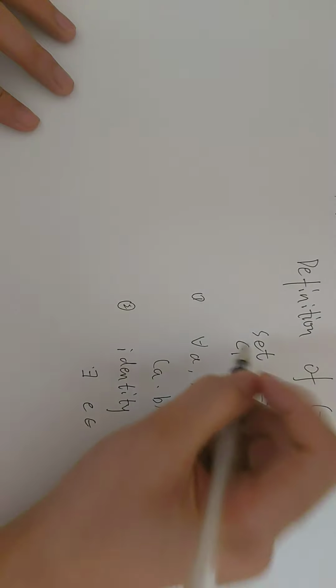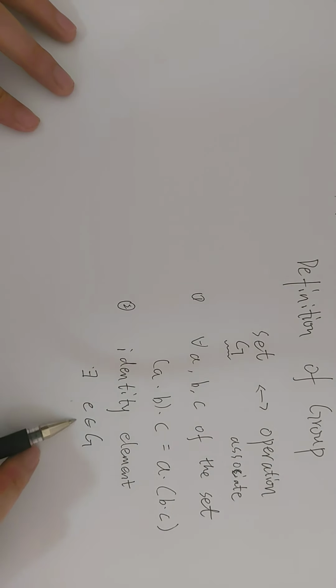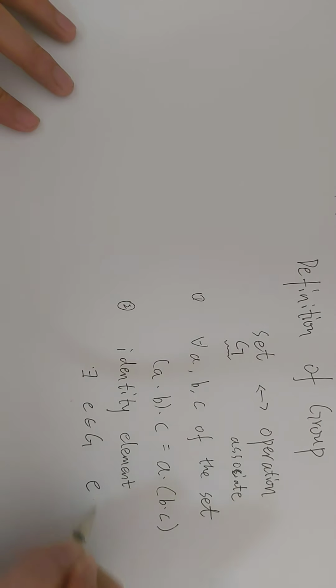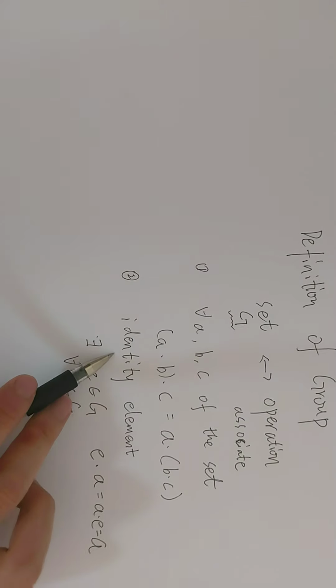We call the set G, and there exists an element E such that for arbitrary A in G, E operate A or A operate E equals the element A. So it contains an identity element.